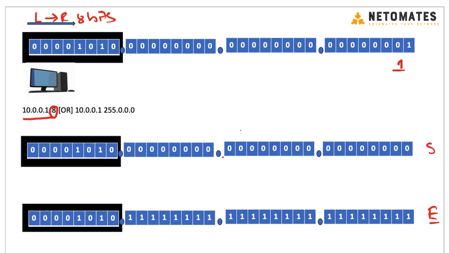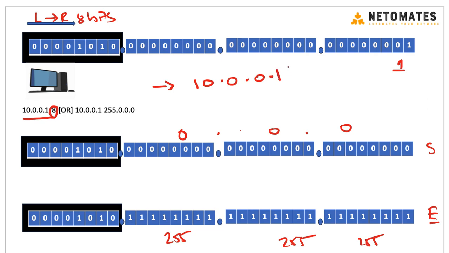We get the starting address by putting zeros everywhere else, so it becomes 0.0.0. We get the ending address by putting all ones, so this is 255.255.255. This means when we give a computer an IP 10.0.0.1 and a subnet mask of /8, it will do this calculation and identify that its own IP address is 10.0.0.1, and in this same subnet, or same group, we have addresses starting from 10.0.0.0, and it will go all the way to 10.255.255.255.